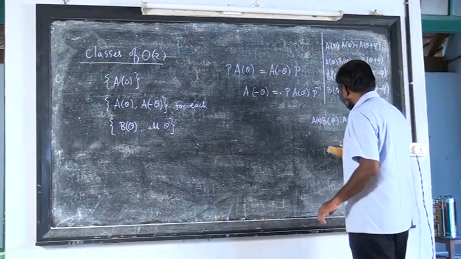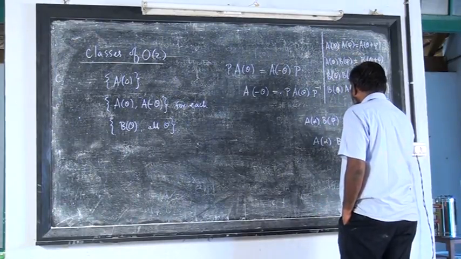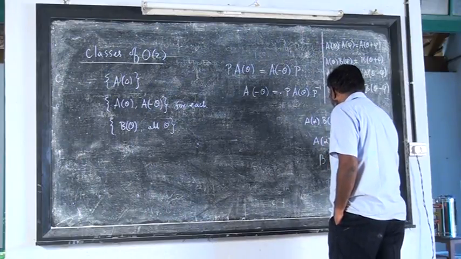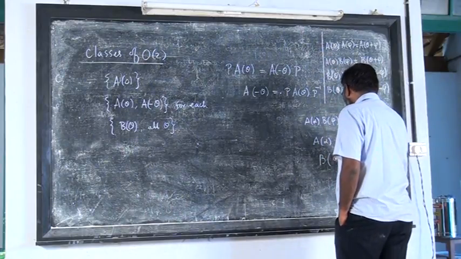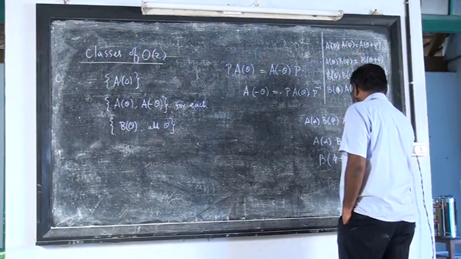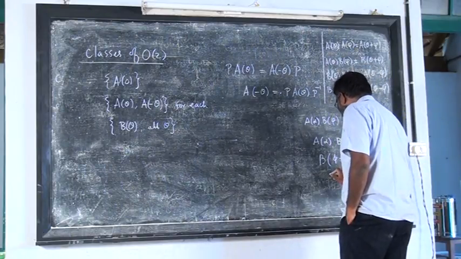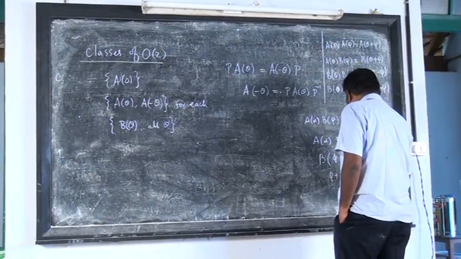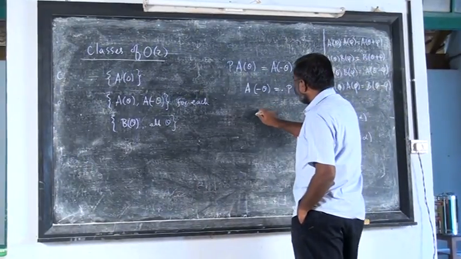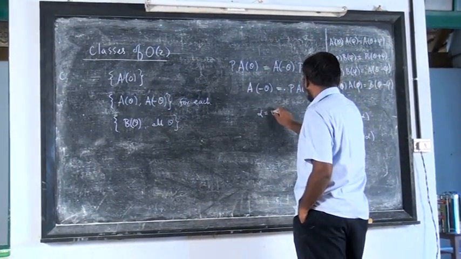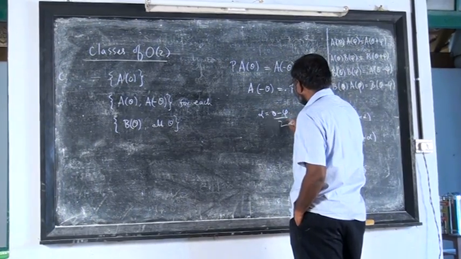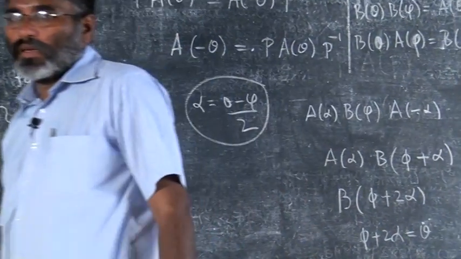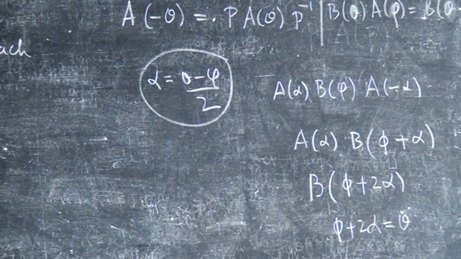So maybe if I do this phi plus alpha, this will be B of phi plus 2 alpha. So that means I want this phi plus 2 alpha to be equal to theta. So my alpha I should choose as theta minus phi by 2. So by choosing an angle alpha as theta minus phi by 2, I can relate any B theta to any B phi.